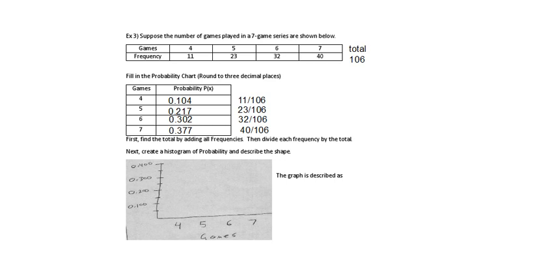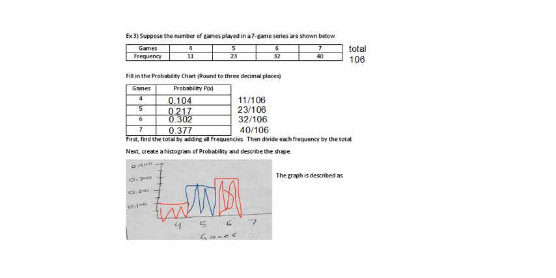Let's make our graph. So first 0.104, that's pretty close to 0.100, so I'll just put a line at 0.100, like so. Next is 0.217, which is slightly above 0.200, so do a line like that. Then 0.302, that's pretty close to 0.300, so we'll draw a line like so.